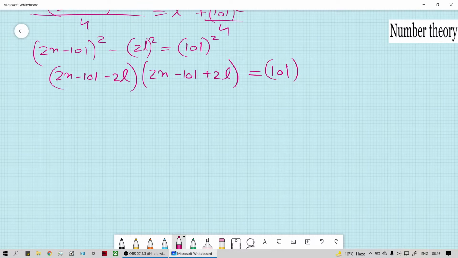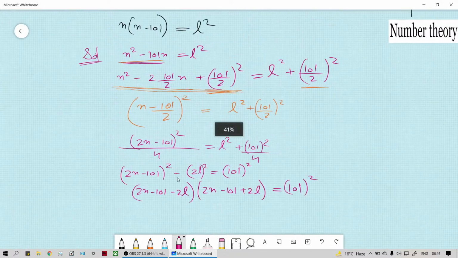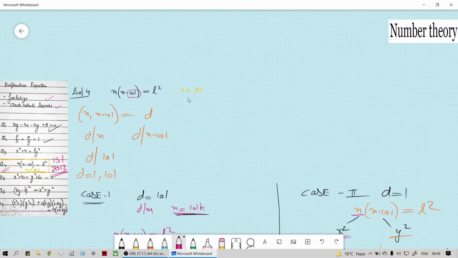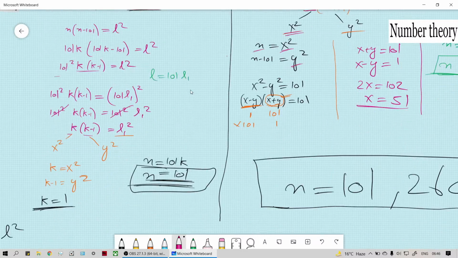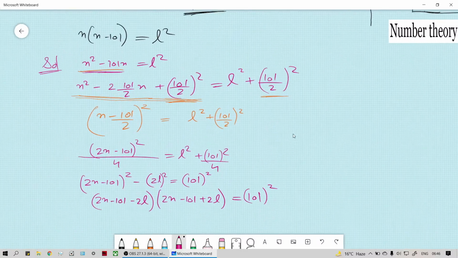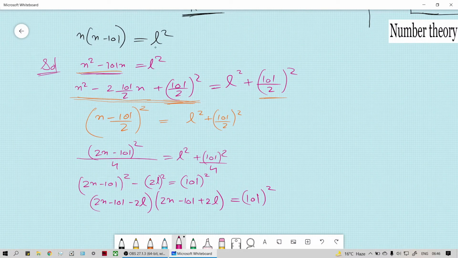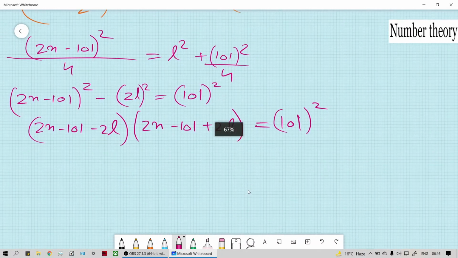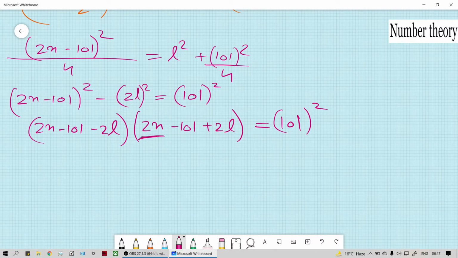The right side is 101 whole square. Now our n is positive. It's given to us in the problem. Here n is a natural number, so n is positive, and this L we can also take to be positive since it's a whole square. If n was negative, we would be getting the same result. So from here you can see this term has to be greater than this term.